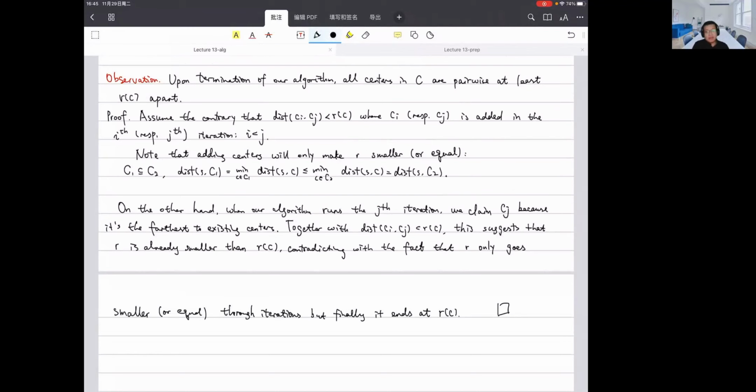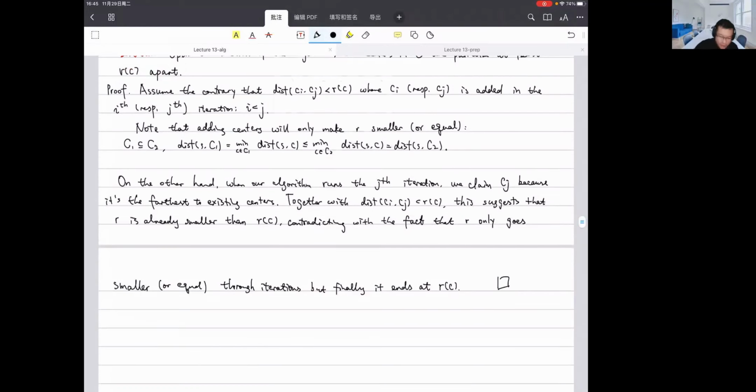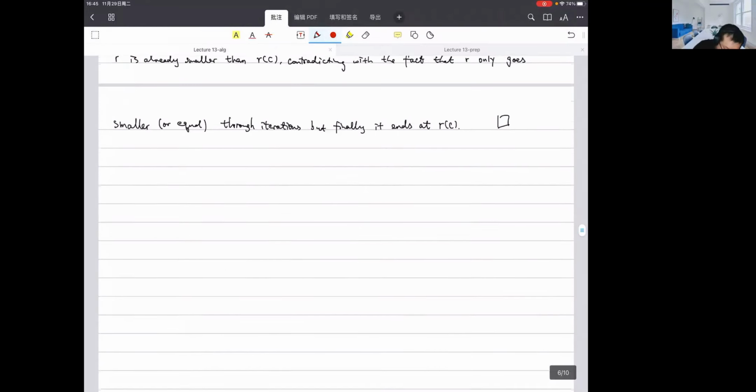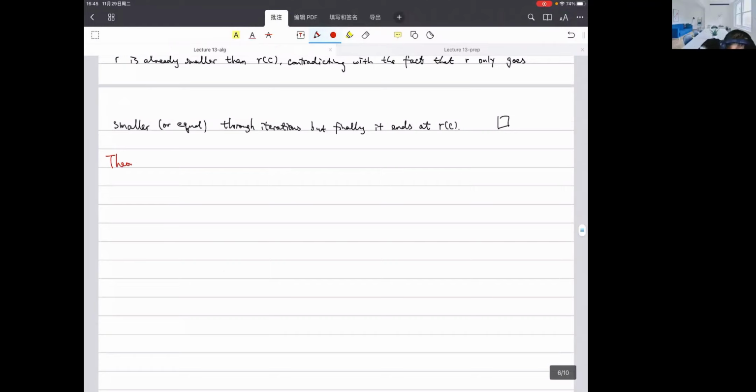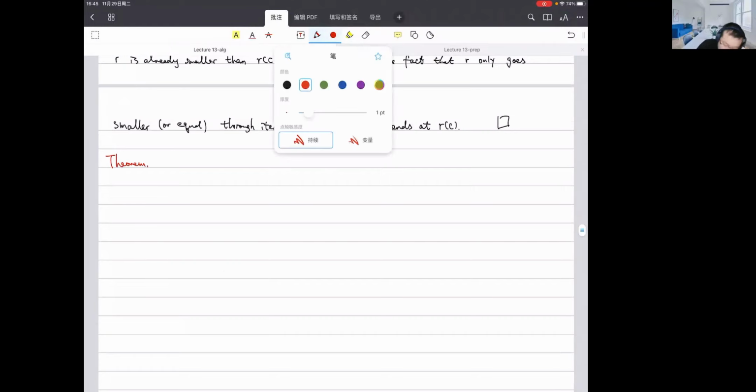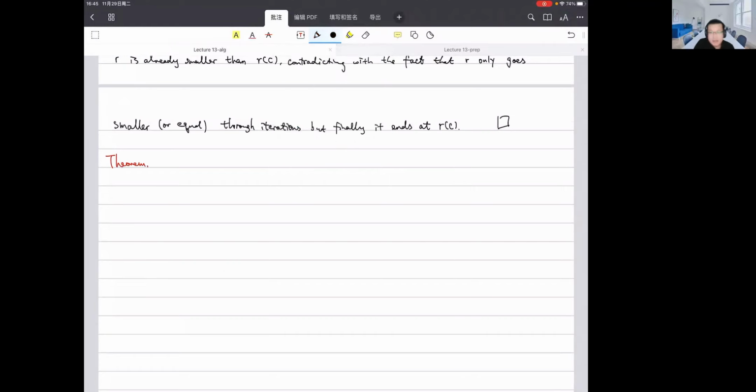Okay, so this is an important observation that we are going to use in our proof, and it is also a proof strategy. Now we are going to prove that this greedy algorithm that we gave here is a two approximation algorithm. In particular, let C star be an optimal set of centers.